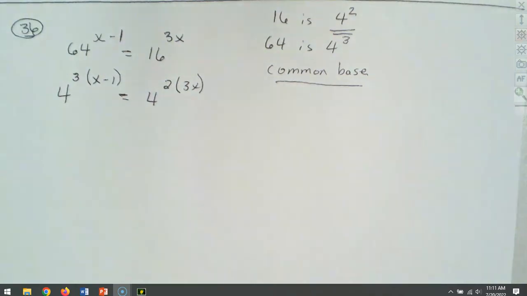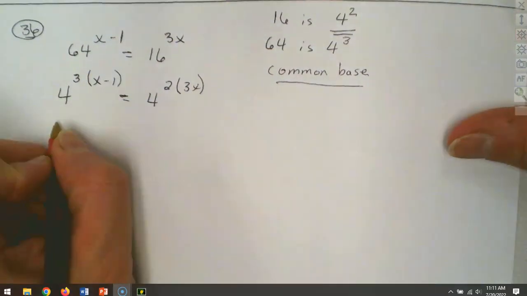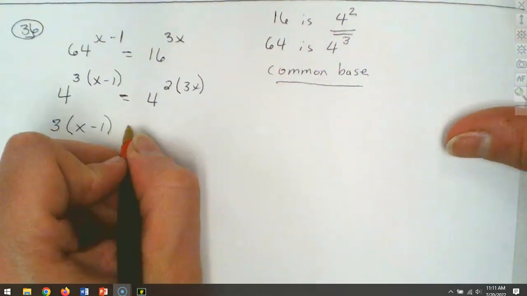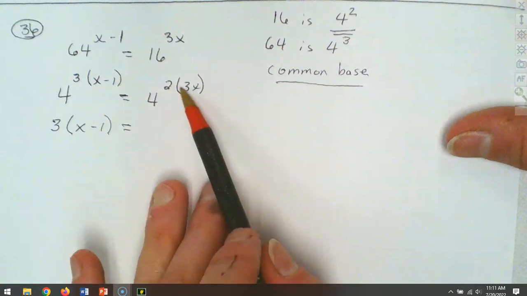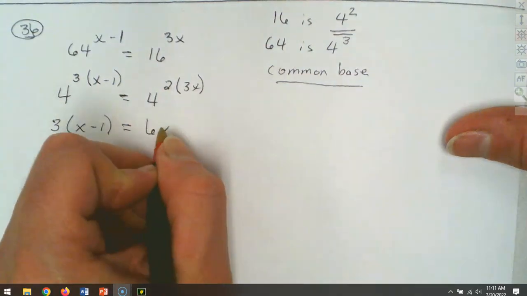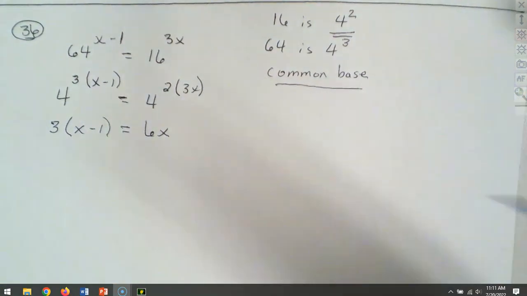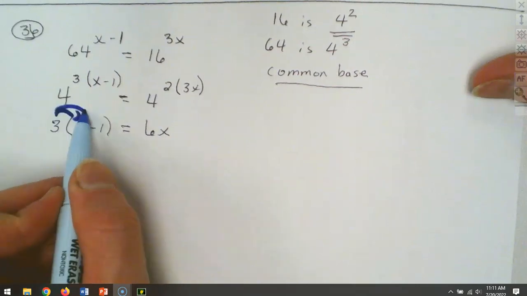Now look what we have done. Now we have a common base, don't we? Right? Common base is 4. So we can solve it by setting the exponents equal. So what are we going to solve? 3 times x minus 1 equals, I'm going to go ahead and multiply those together, so that gives you a 6x there. Now it's a simple matter of distributing and solving.